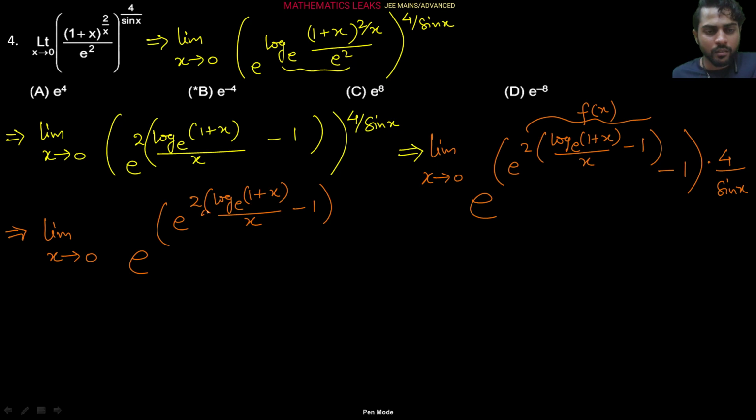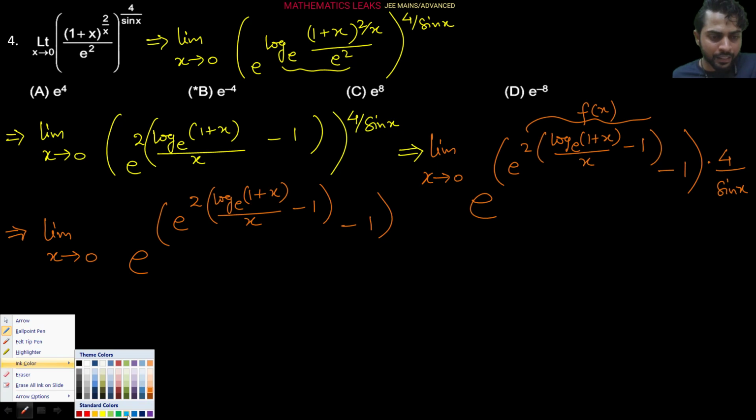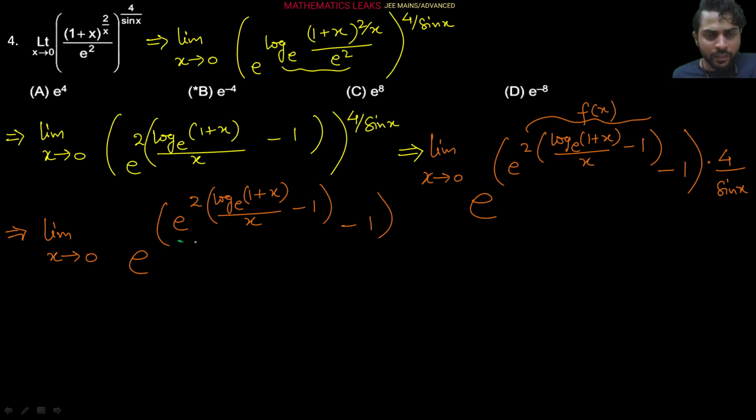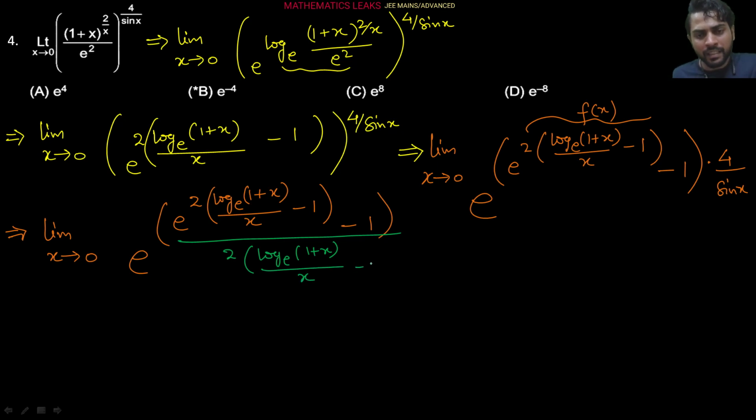Right, everyone? Minus 1 it is written. This quantity's denominator I am writing here. What do we write in the denominator? 2 times log base e of (1 plus x) upon x, minus 1.